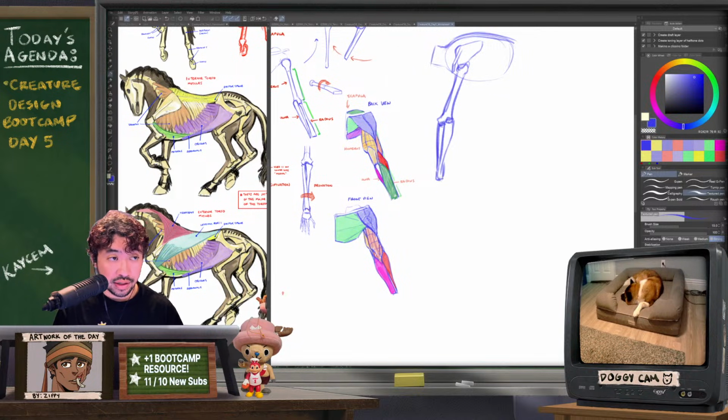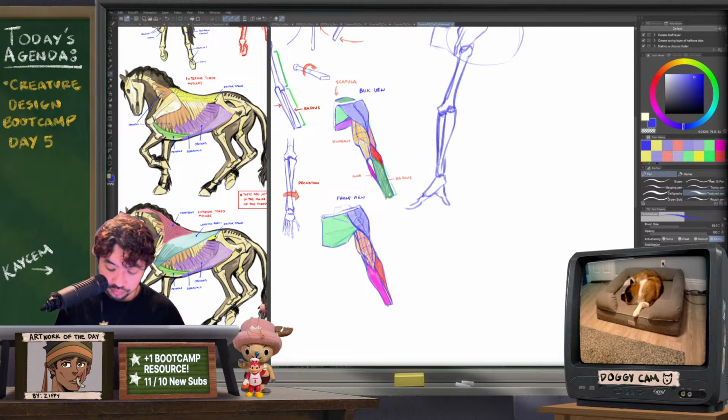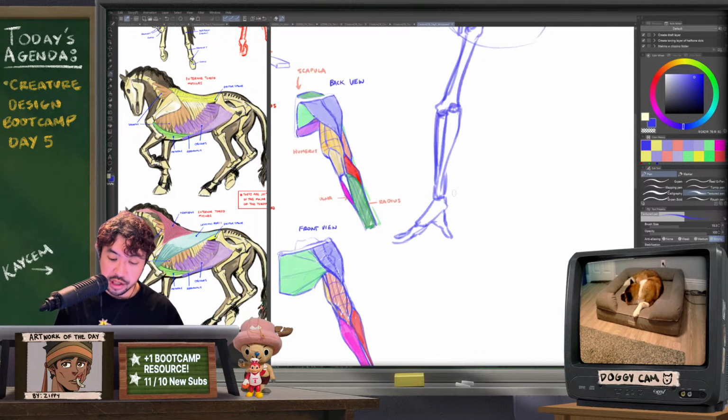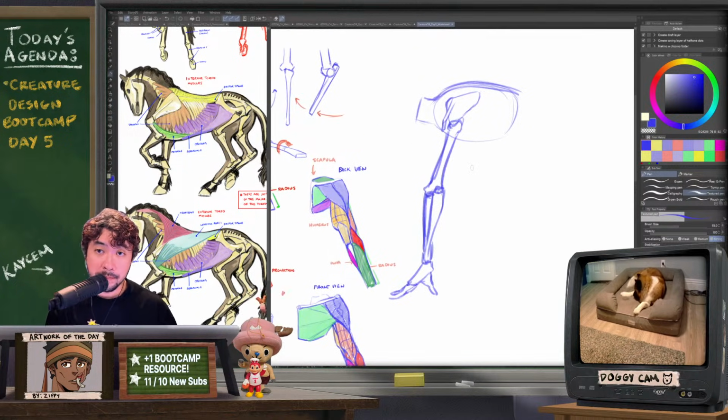And essentially, this is going to give us a hand. If we were to draw them like an animal, this would give us something that looks like this, okay?